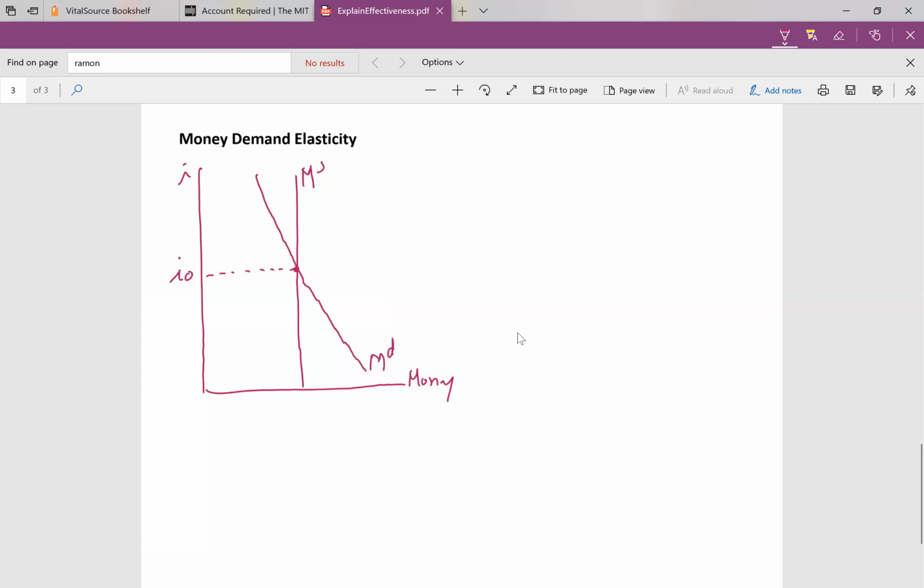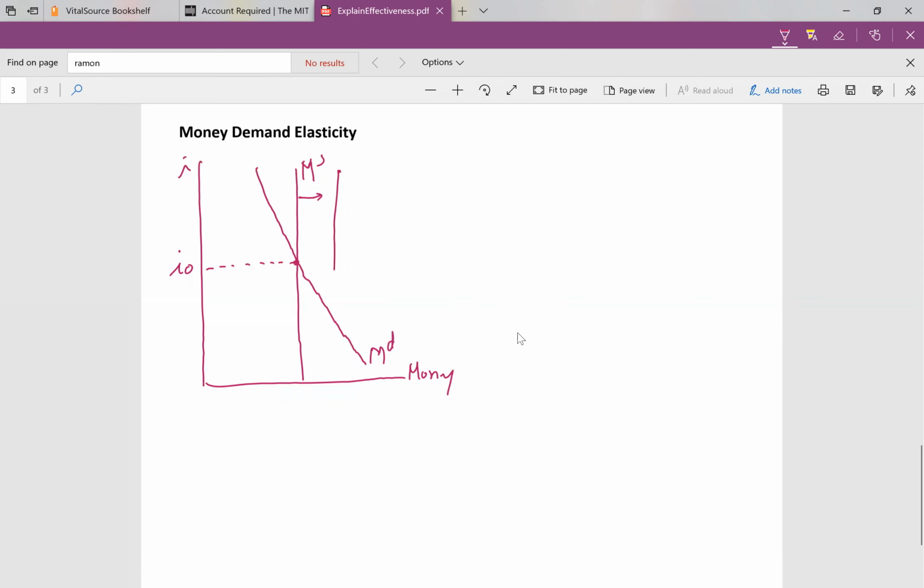Now, let's suppose that we increase the money supply. So we shift it to the right. So this is a shift in the money supply, and the new equilibrium would be here, I1.